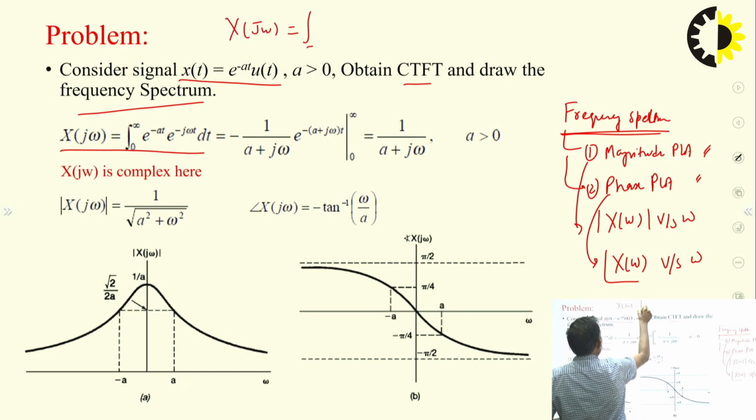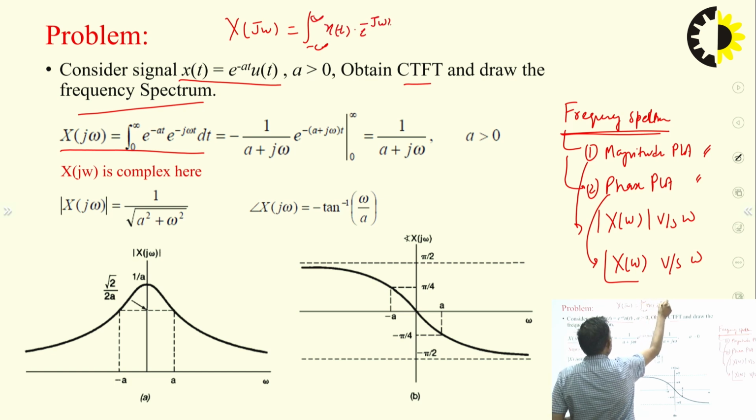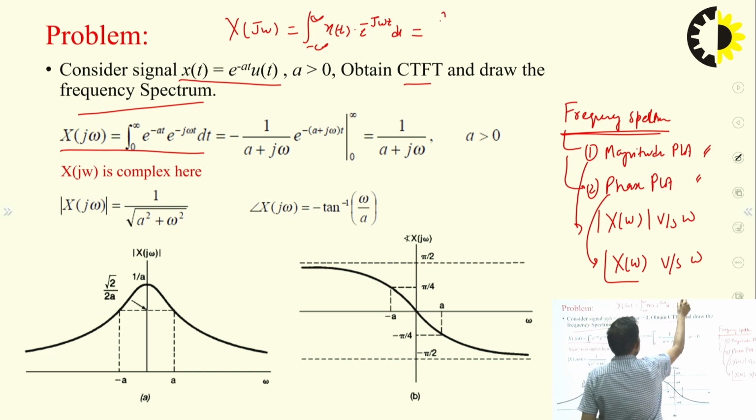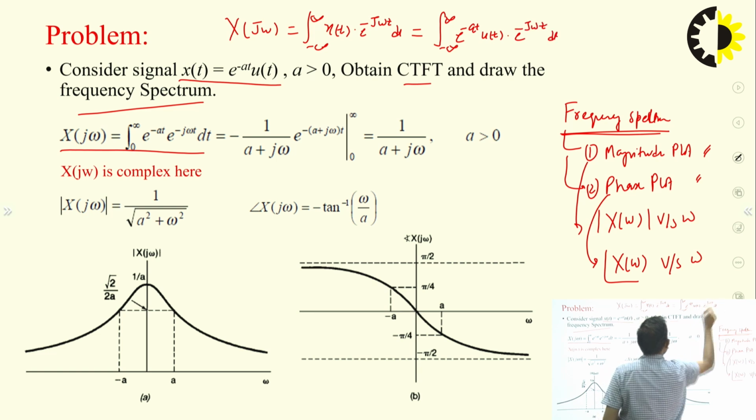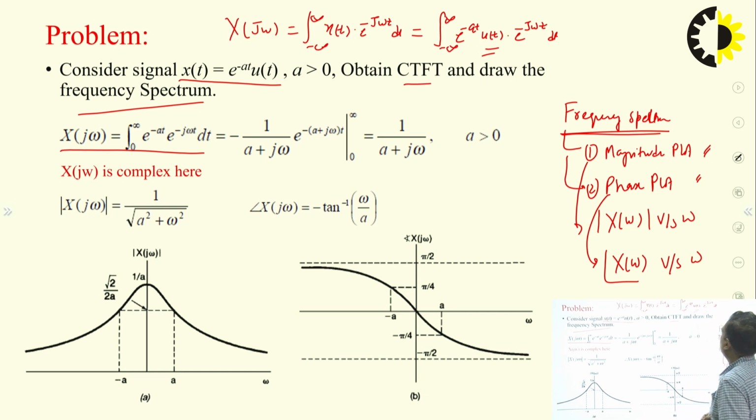You know the formula: integral from minus infinity to infinity of x(t) e^(-jωt) dt. Here x(t) is given as e^(-at) u(t), multiplied by e^(-jωt) dt. Now this u(t) will make the limits of integration from 0 to infinity. So that's why we have written X(jω) as the integral from 0 to infinity of e^(-at) e^(-jωt) dt, where the limit of integration is from 0 to infinity, and we will simply solve it.